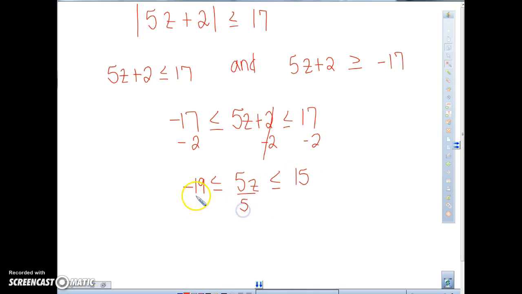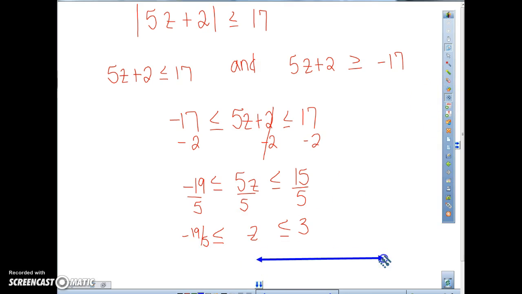Divide by your 5. And then we can graph it because it's an "and" statement. So we have negative 19 over 5.